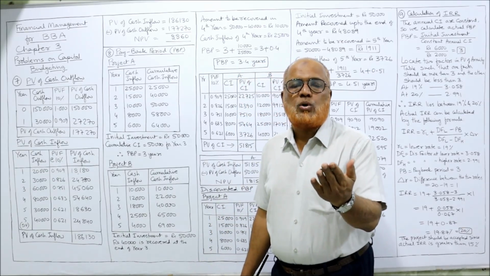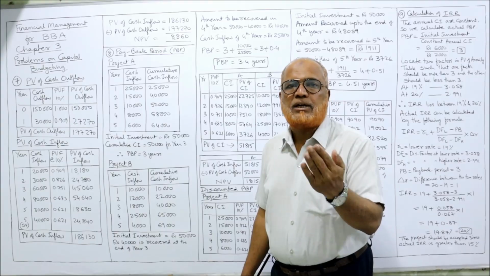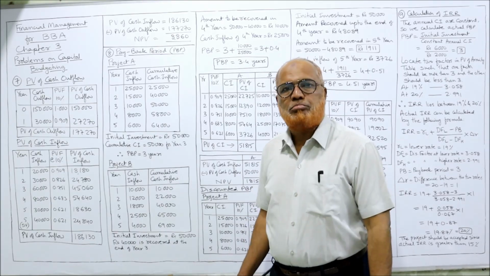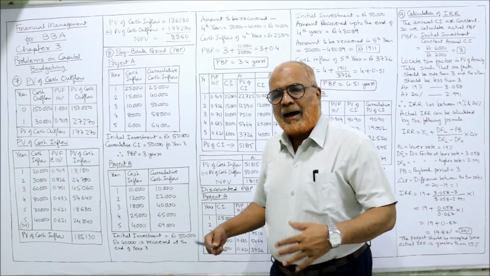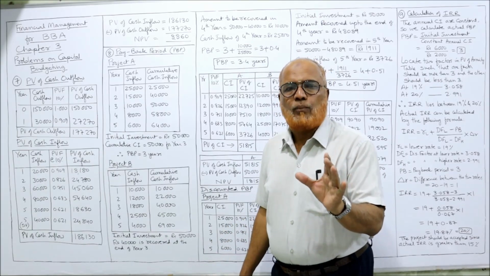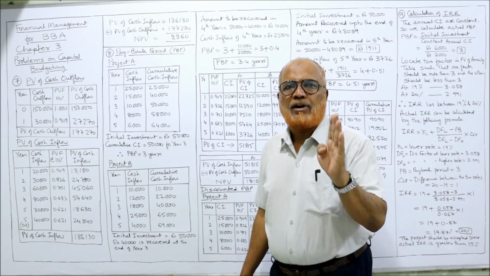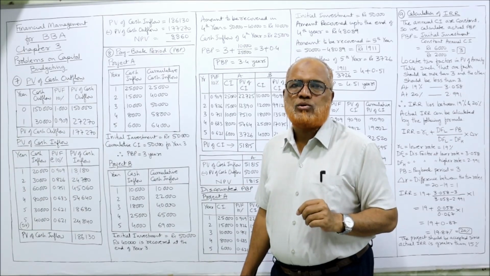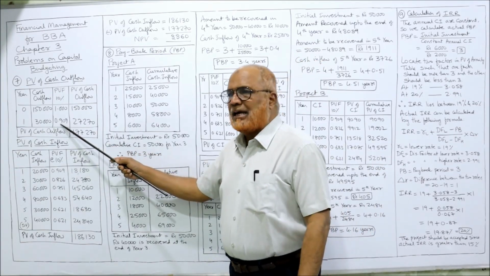Take a printout of those tables always. Without that it will be difficult to solve the problem. We can manually calculate on the calculator also, but it is time consuming. We have ready-made table values. So first year end 0.909.